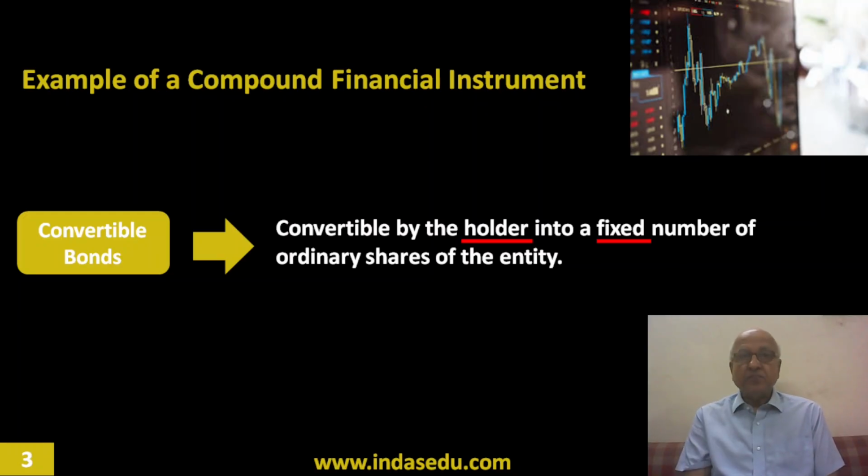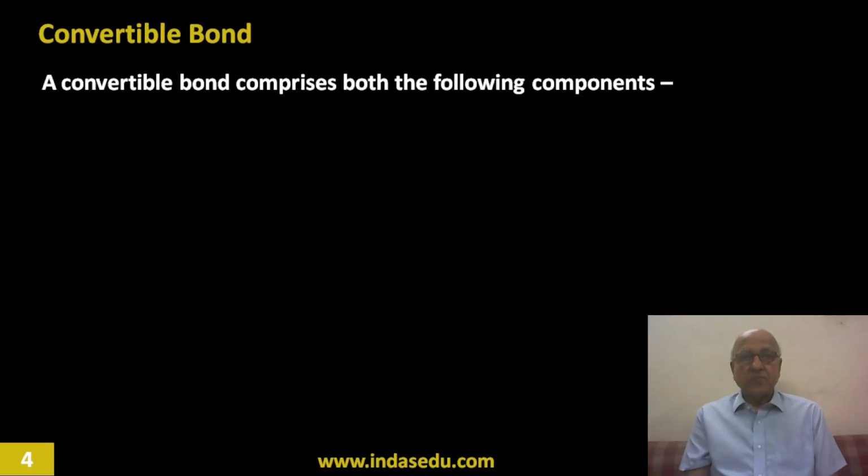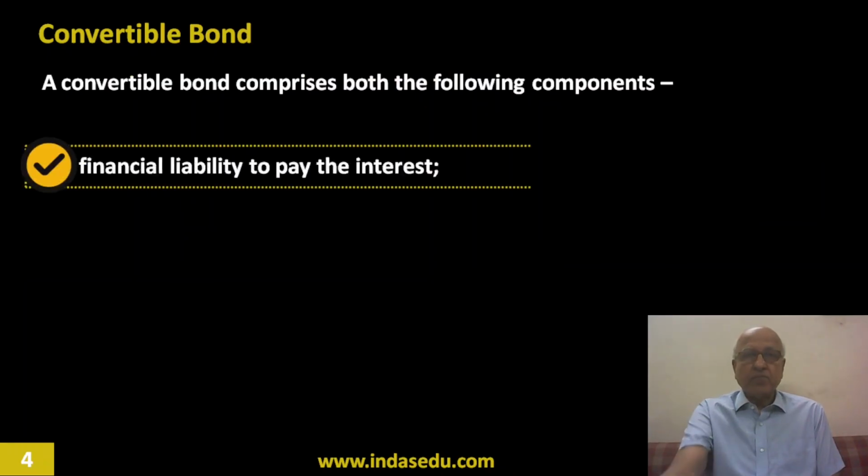So I repeat, two important things to remember. It is at the discretion of the holder, and conversion, if it takes place, will be a fixed number of ordinary shares for a fixed amount of money. Next, a convertible bond comprises both the following components.